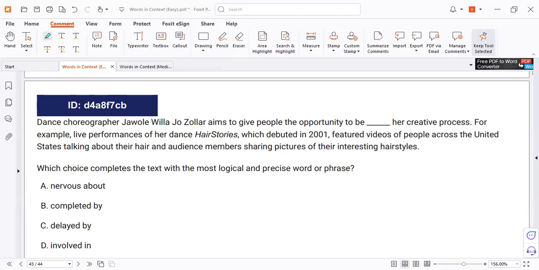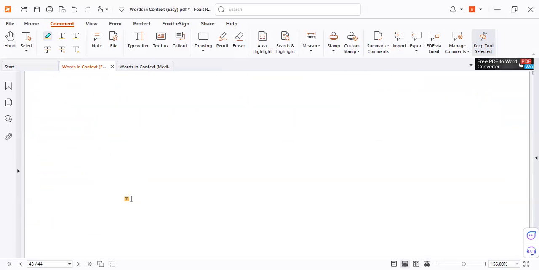D. Letter D, it's correct. Remember, he gives you an example to tell you what happened. Her performance, debated, featured. So she engaged. A and the C are opposite, of course.